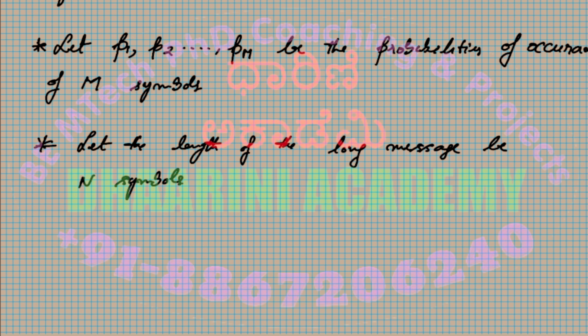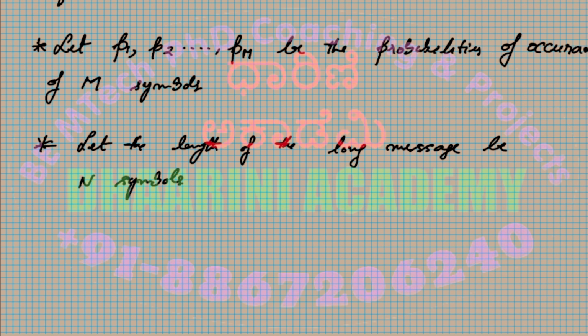If I'm sending the message hello, only a few of them are used. The length N of hello is 1 2 3 4 5, so N is 5 and M is 26, but right now that is not the case. N is very large, let us assume, because we are interested in finding the average rather than the individual message content.